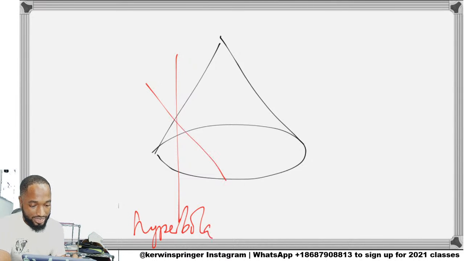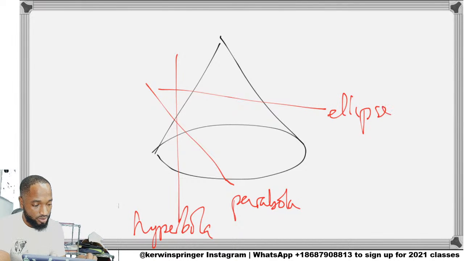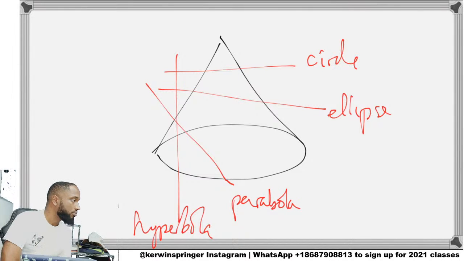If you cut it like this, what's that shape? Parabola. If it comes off the base and cuts at an angle, ellipse. If it cuts straight, horizontal, keyword, circle.